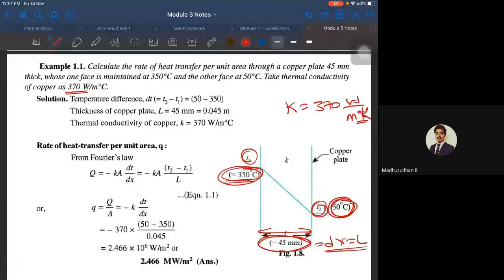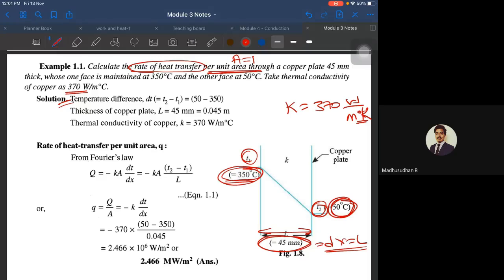Now, what do you have to calculate? You have to calculate the rate of heat transfer per unit area. Per unit area in the sense, I can take the value of A to be 1, or at the end I can just make it per meter square. Now the temperature difference is what?